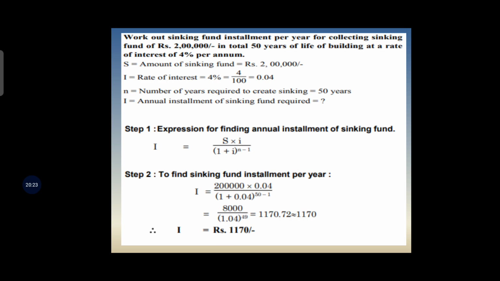So we put the sinking fund formula, I is equal to S into i divided by (1 plus i) raised to n minus 1. We put all the values in that formula, and we get the answer 1170. So this is the simplest example and simplest sums of your valuation.